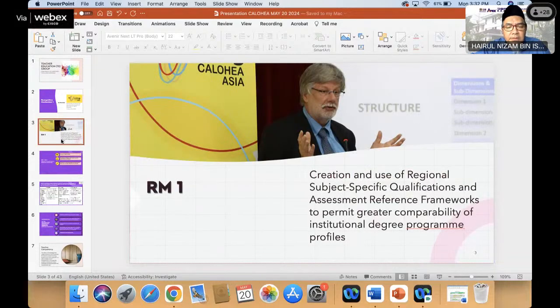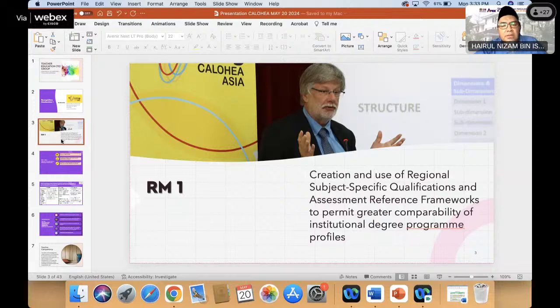So basically, a little bit of repetition about the definition of RM1: the creation and the use of regional subject-specific qualifications and assessment reference frameworks to permit greater compatibility of institutional degree program profiles.